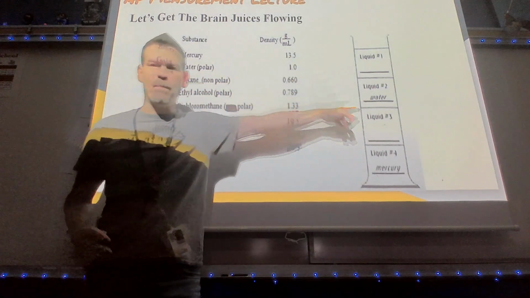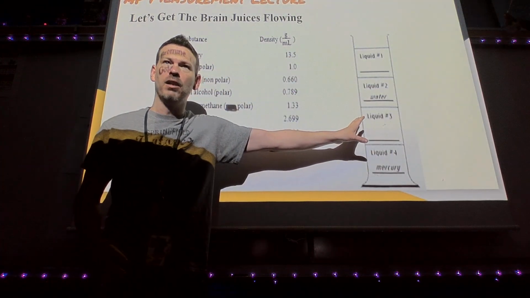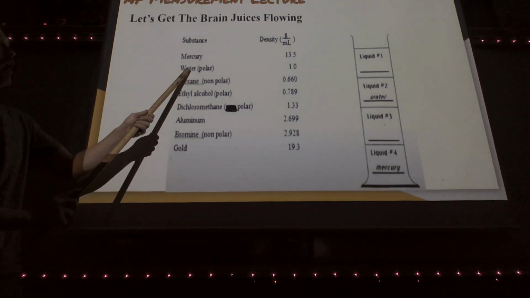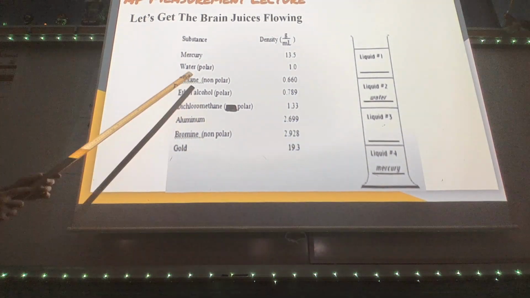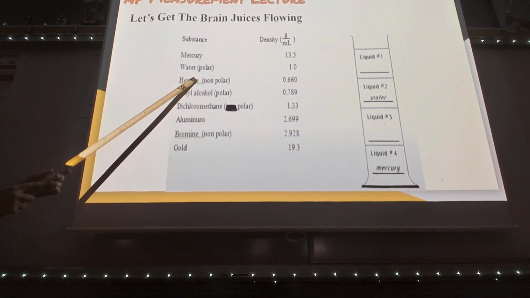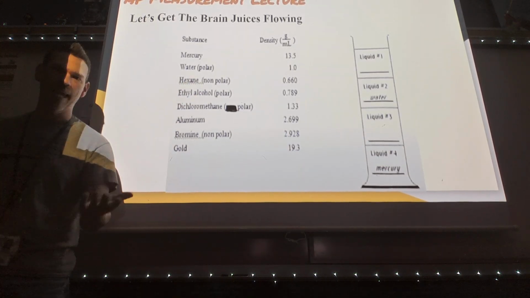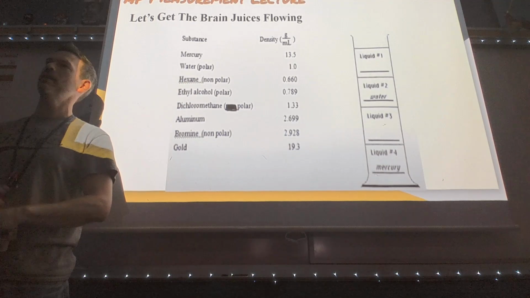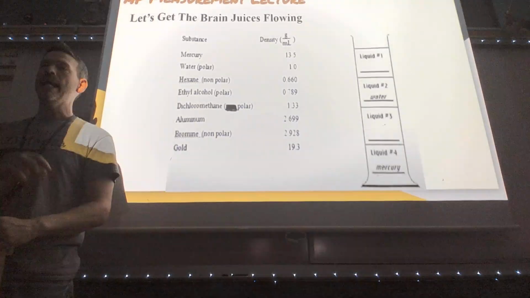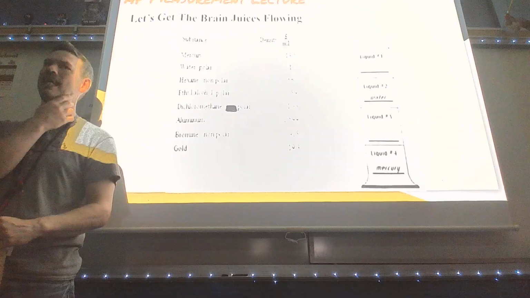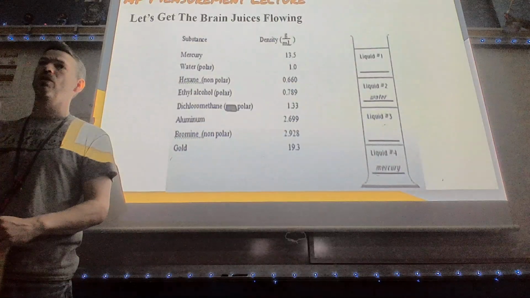And they won't separate nicely like this column does. So if water is polar and this is staying separate, then which of these substances is it most likely? Yeah, the answer is hexane. You can write hexane in that blank. Because since hexane is nonpolar, it is way less likely to mix with the polar water.